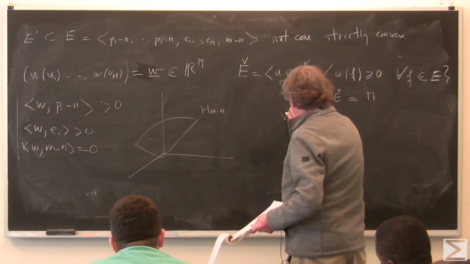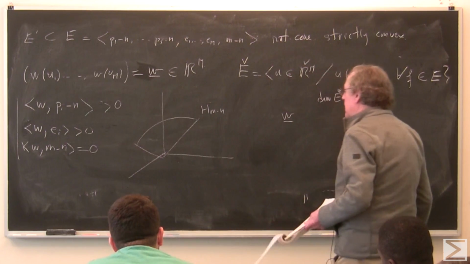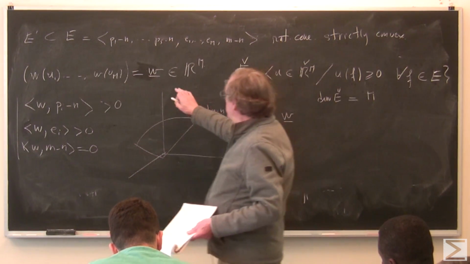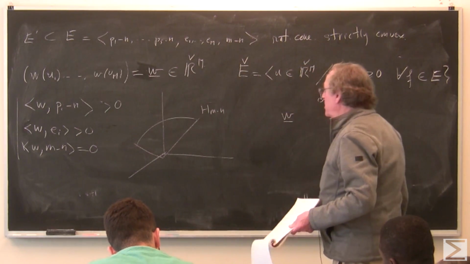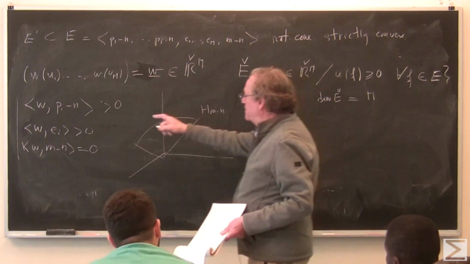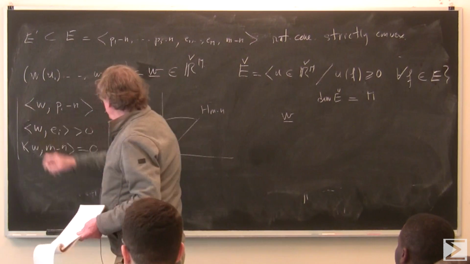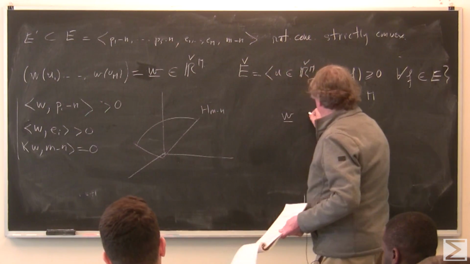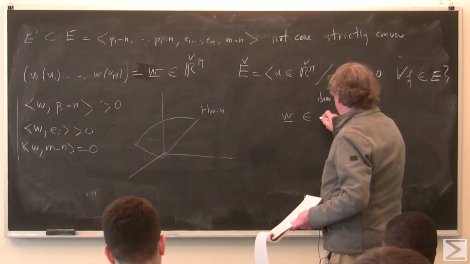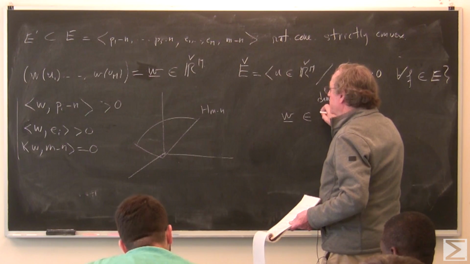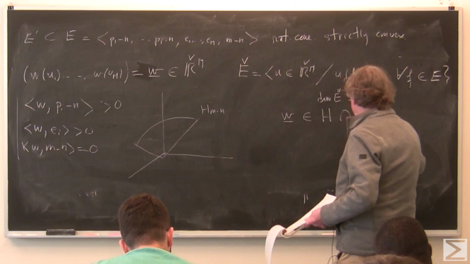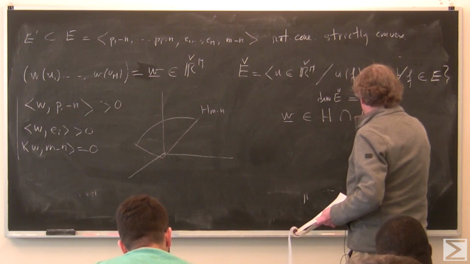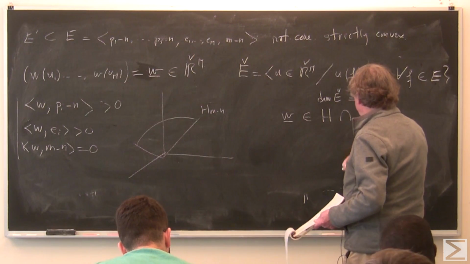And W, my vector W, which I should have considered as a vector in Rm dual, because I evaluate it on vectors of Rm. And W is contained in H and in E hat dual.